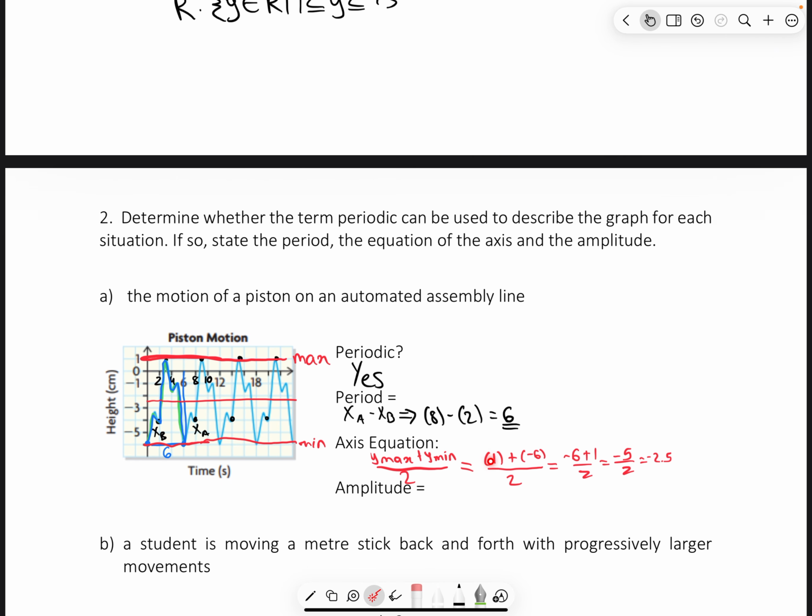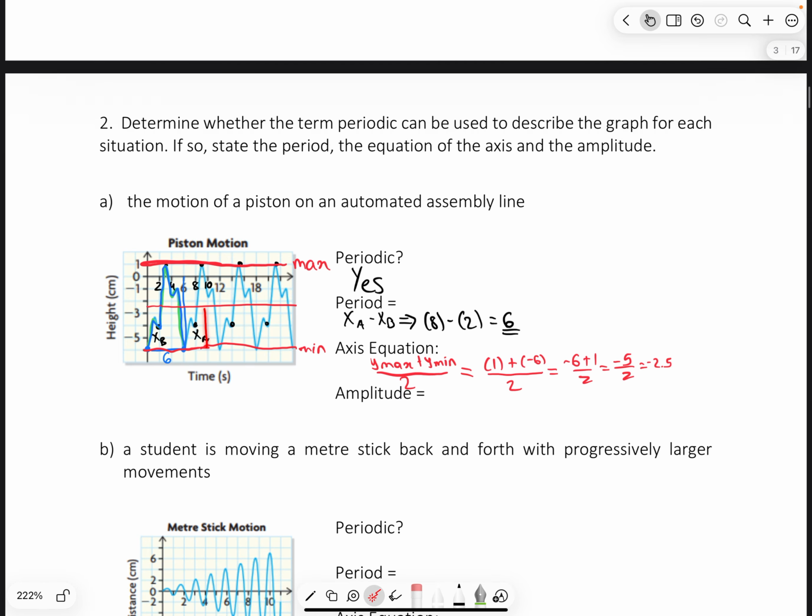Or, since you know the equation of the axis, you could just find the difference in values it takes to go from the axis equation to the minimum value, or the axis equation to the maximum value.